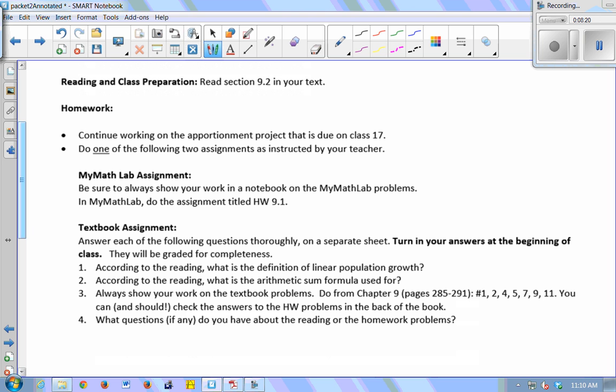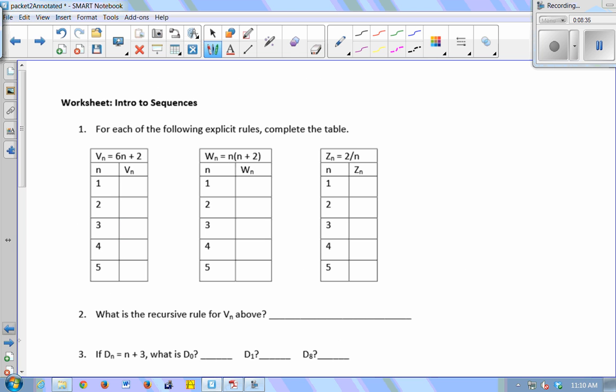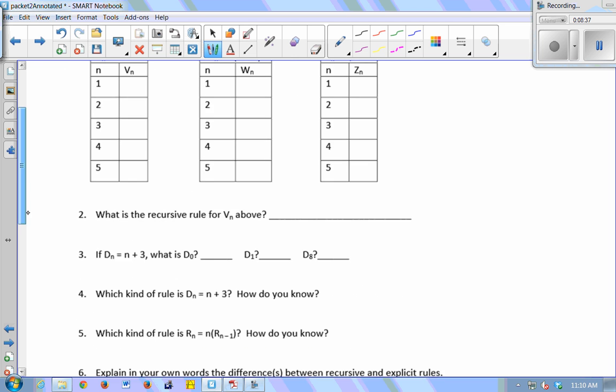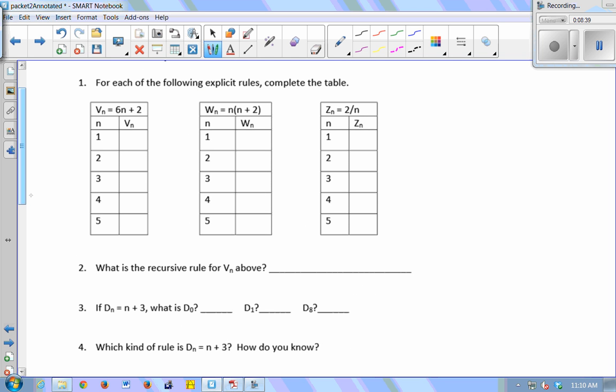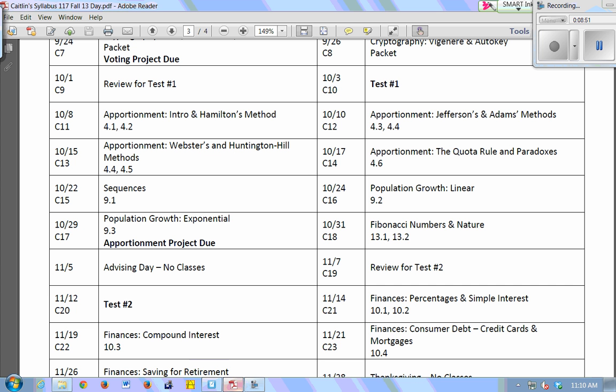So I would like you to also do the sequences worksheet, Intro to Sequences, for homework. Hand it in next week on Thursday, which is the 31st.